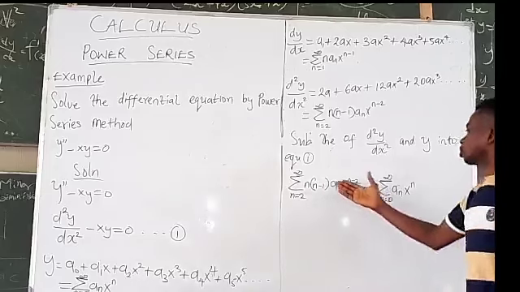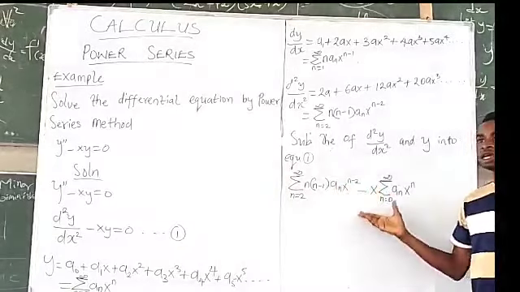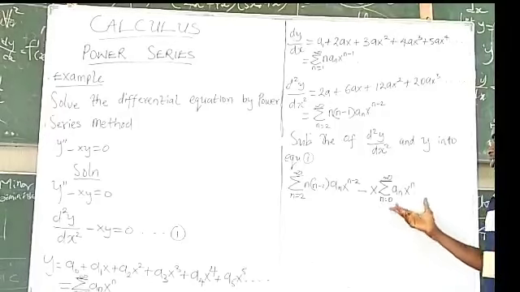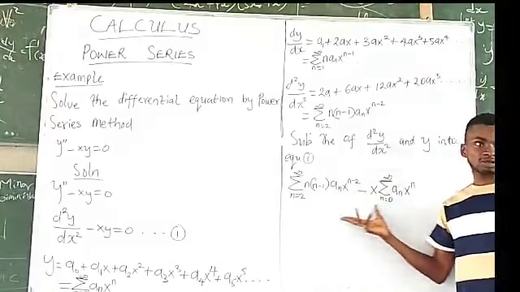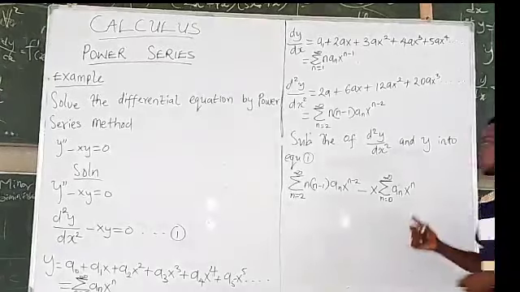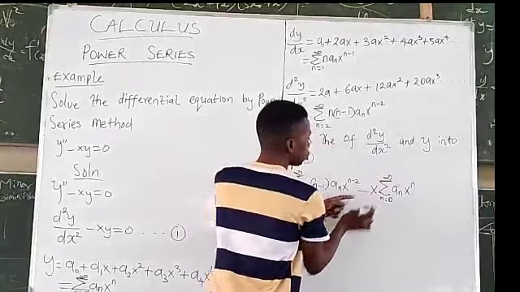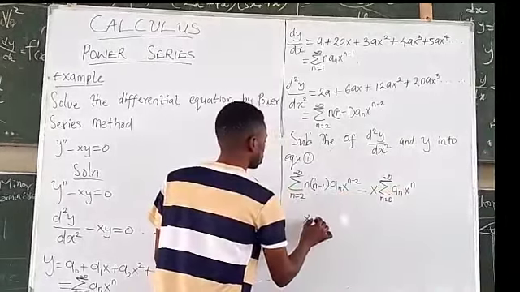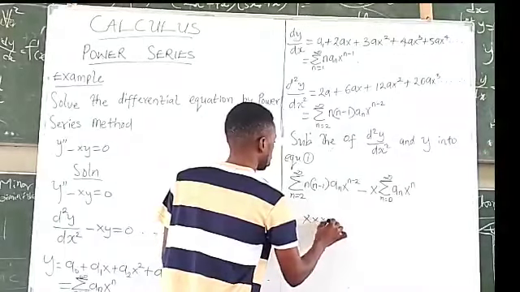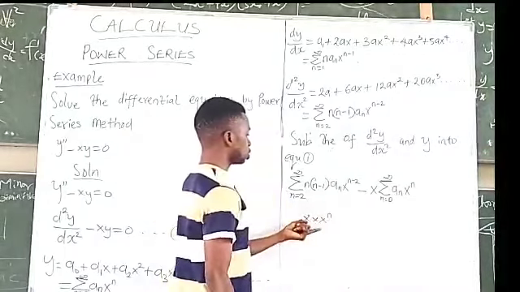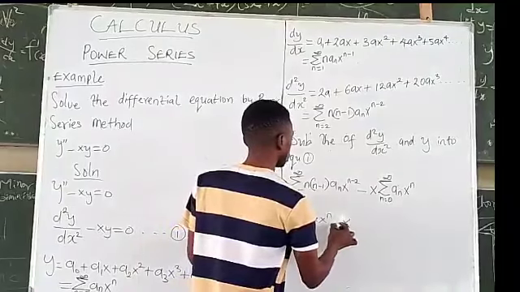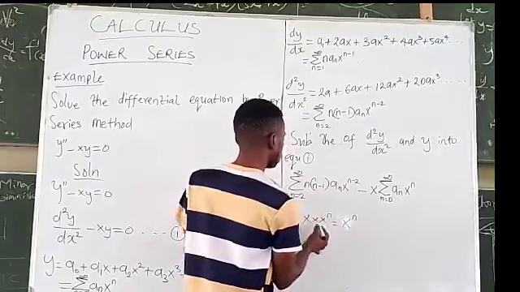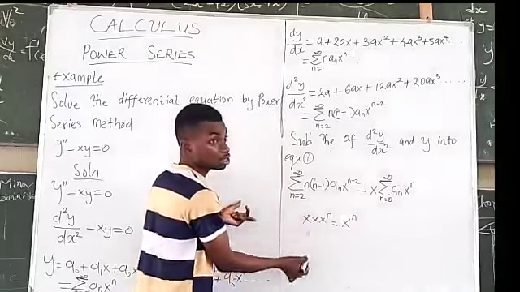From this part we are going to be using an approach called shifting. We'll use our x here to multiply this x. So x times x^n is the same thing as x^(n+1), since this other x is raised to the power 1.